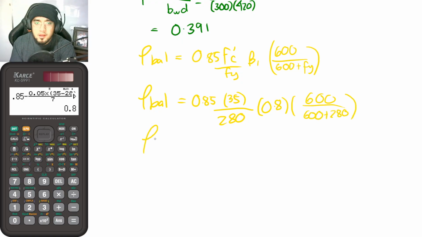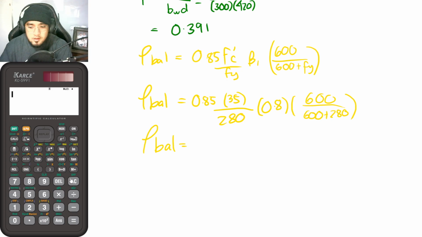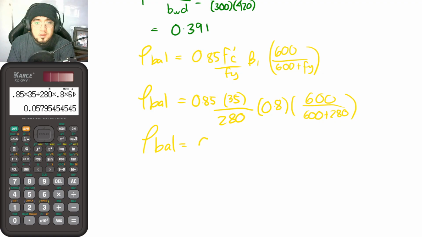Looking at the calculator once again, 0.85 times 35 divided by 280 times 0.8 times 600 divided by 600 plus 280, our answer here is 0.058.